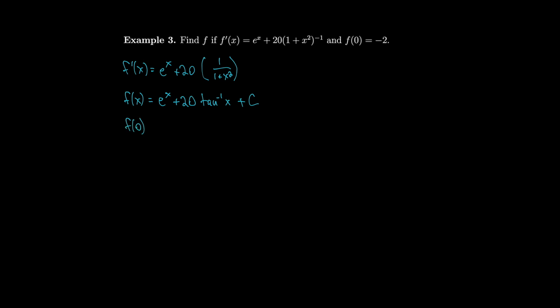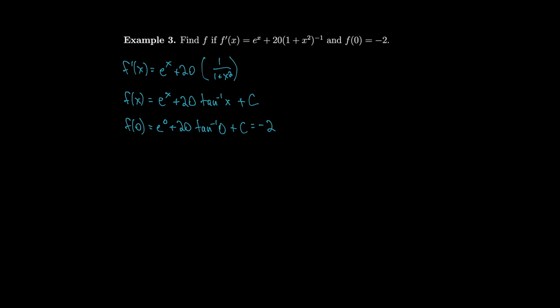Let's look at f of 0. We'll plug in 0, we get e to the 0 plus 20 times tan inverse of 0 plus c. And we know that this has to equal minus 2, because f of 0 is minus 2. Okay, e to the 0 is 1. Tan inverse of 0, well, that's when tangent is 0, which is 0.